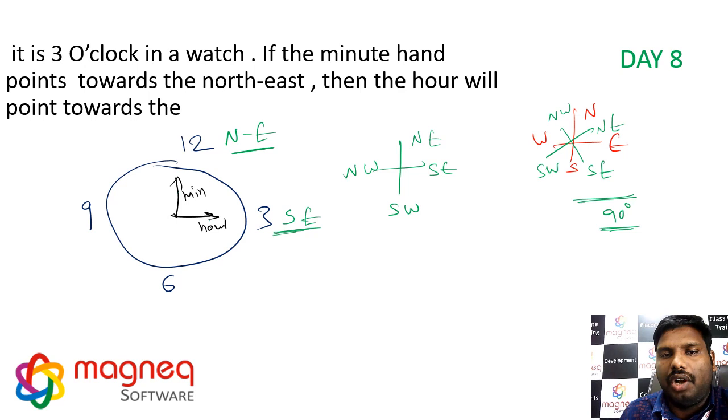So our hour hand points towards southeast. Why? Because northeast and southeast are exactly 90 degrees, and in the diagram, 3 o'clock means the minute hand points towards 12, the hour hand points towards 3, 90 degrees. Minute hand northeast, so hour hand southeast.